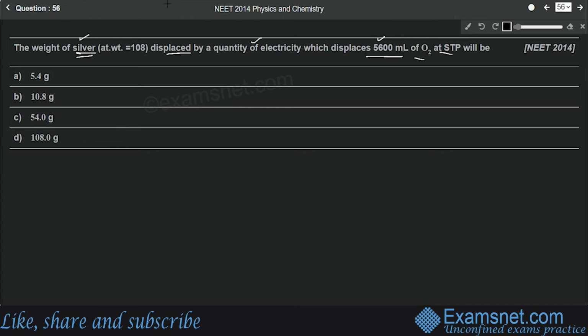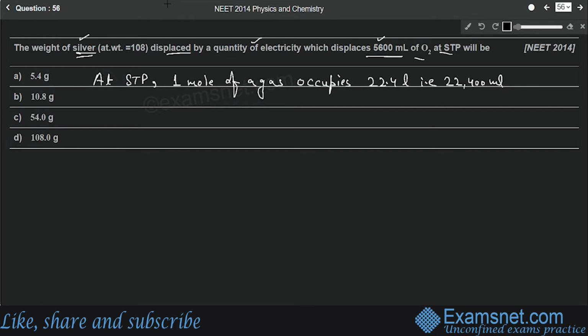Now we know that at standard temperature and pressure, that is STP, 1 mole of a gas occupies how much volume? 22.4 liters volume, that is 22,400 milliliters volume.